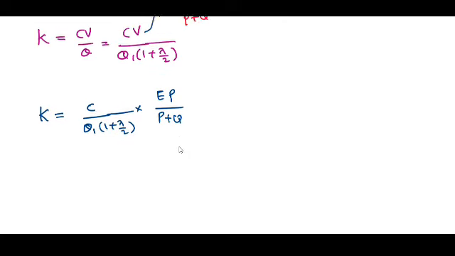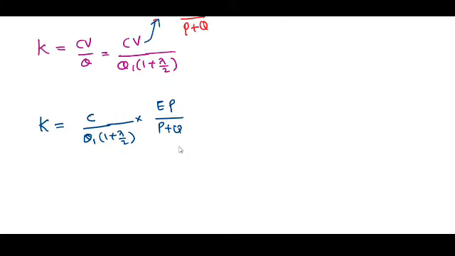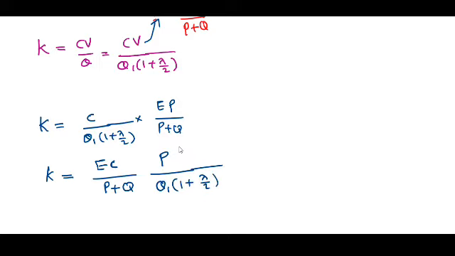Or I can write this expression as K is equal to EC divided by (P plus Q) into P, divided by theta 1 into (1 plus lambda by 2).